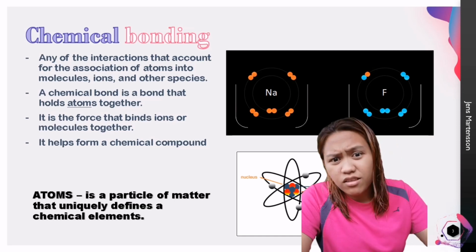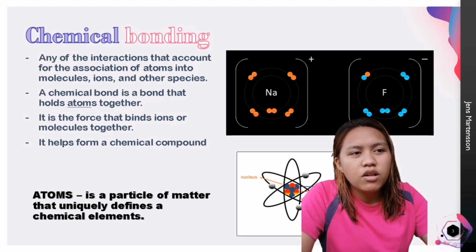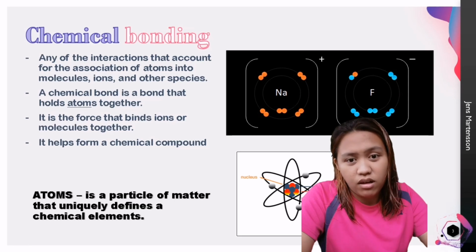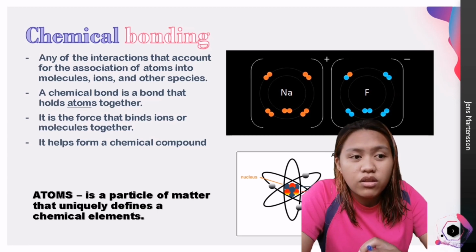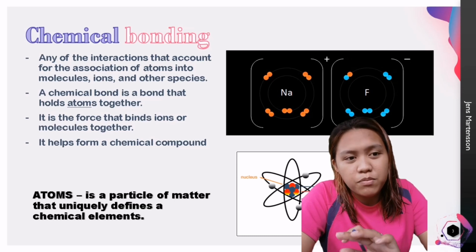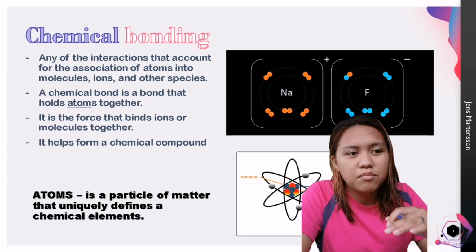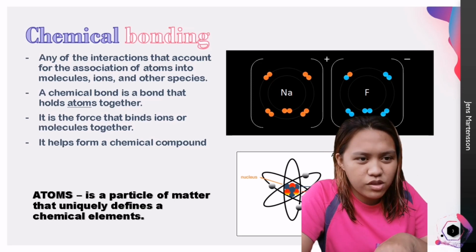So, what is an atom? An atom is a particle of matter that uniquely defines a chemical element. An atom is the smallest unit of ordinary matter that forms a chemical element. Every solid, liquid, gas, and plasma is composed of neutral or ionized atoms.